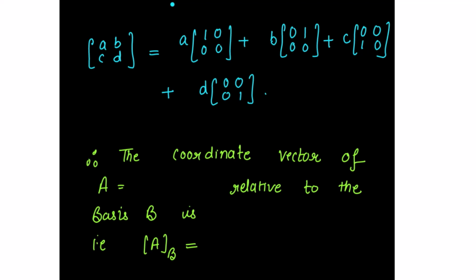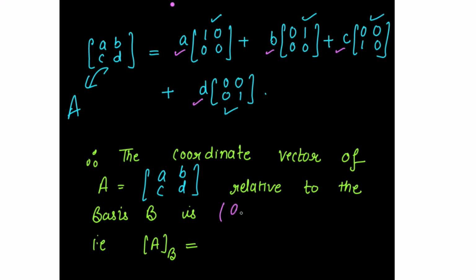So how do we write the coordinate vectors? The coordinate vector of this square matrix [A B; C D] relative to the basis B is the coefficients, that is (A, B, C, D) transpose, a vector in column format.